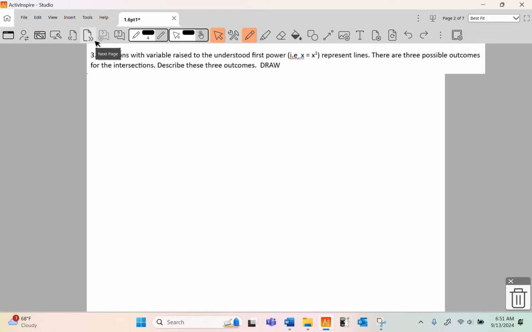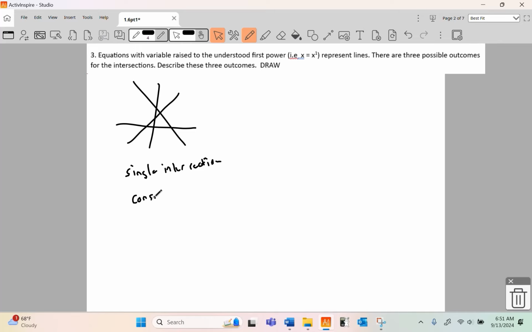Equations with variables raised to the understood first power represent lines, or at least are considered linear. There are three possible outcomes for the intersections. Describe these outcomes and draw. So we could have a singular intersection. We would classify that as consistent independent.